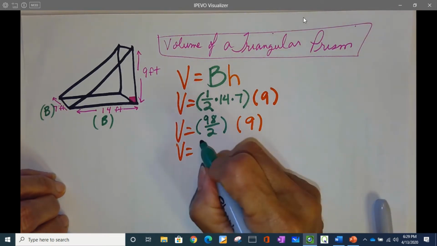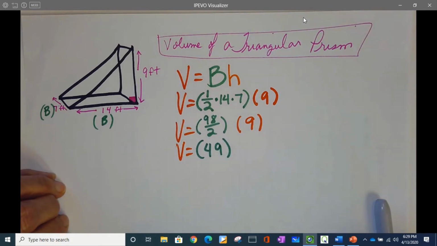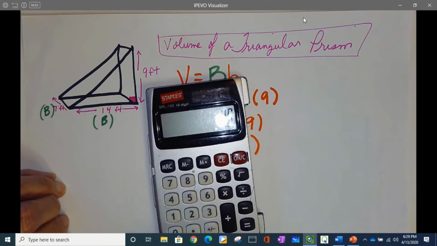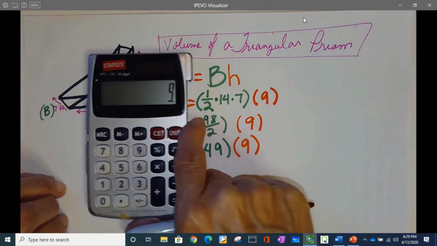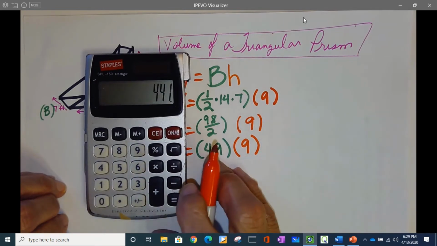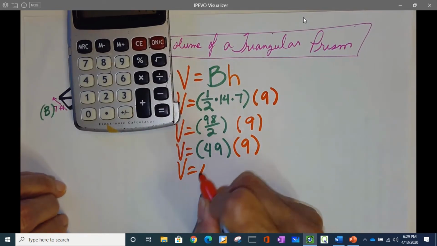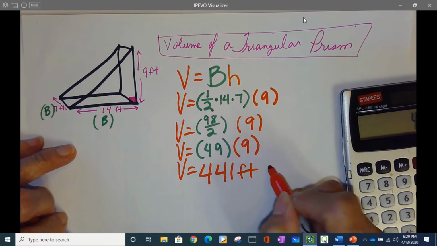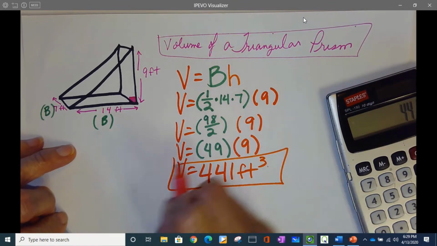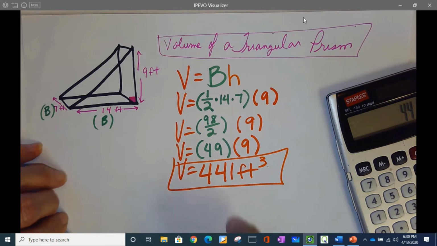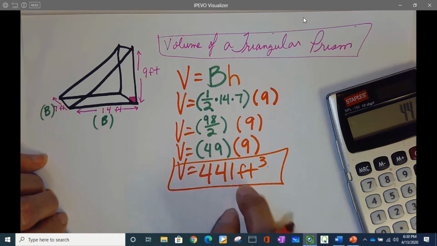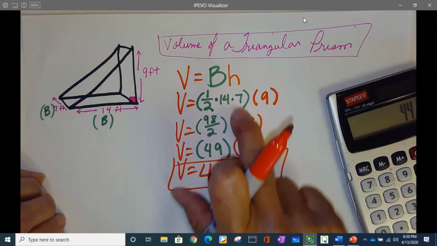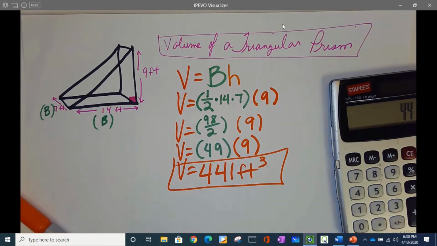So now we have it. 49 times 9 equals 441. So my volume is 441. I'm working with feet cubed. And that is my answer. 441 feet cubed. Again, remember, if you do these together, that's great, and you halve it. Good job.